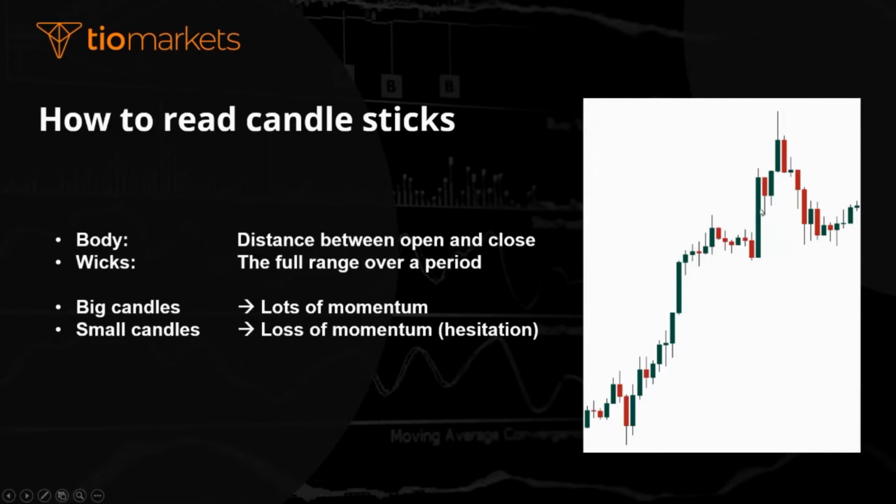So when you have these big candles in the market, especially in the context of an uptrend, and you have a big candle like this one and this one there, then you know that the bulls are really outnumbering the bears. So in other words, the bears really don't want to be sellers at these prices here.